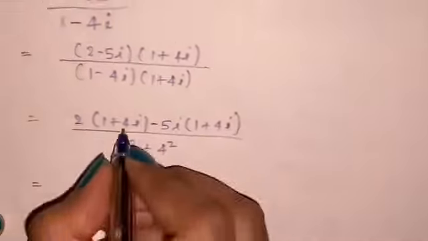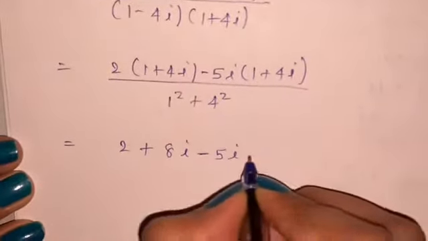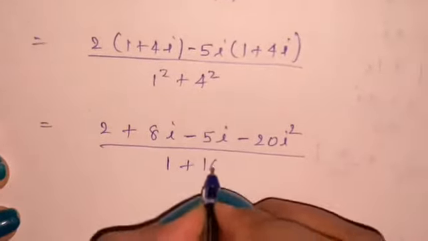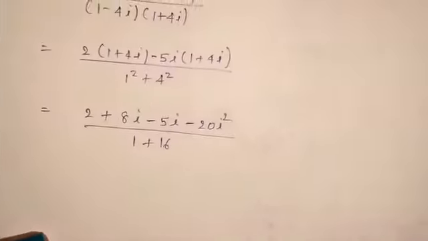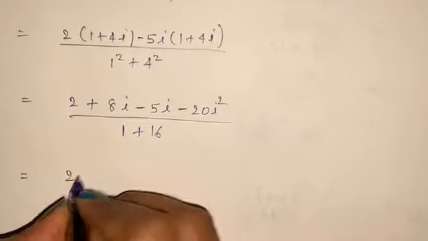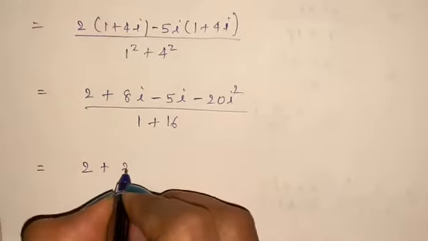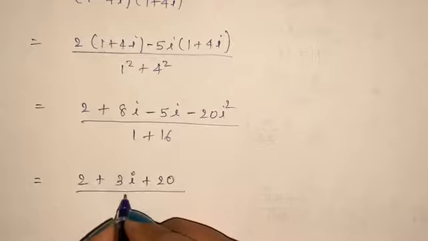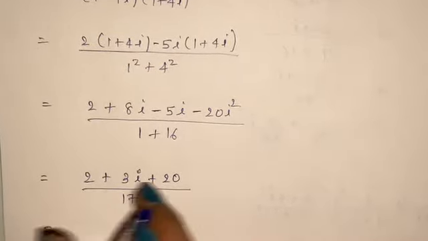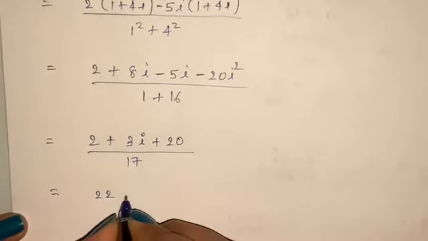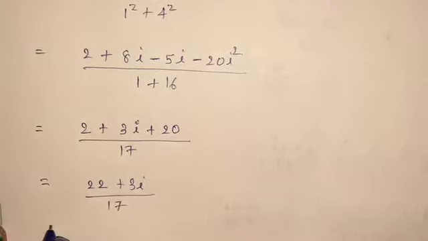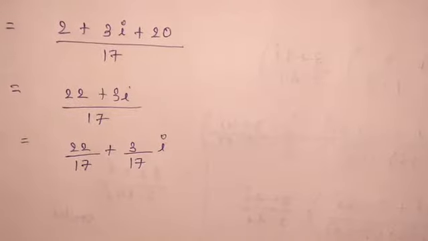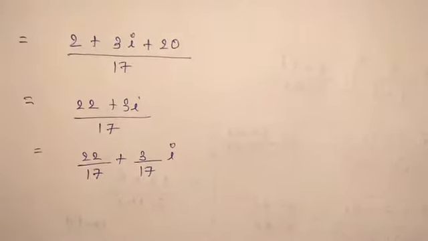That is 2 plus 8i minus 5i minus 20i squared, all divided by 1 plus 4 squared, 16 plus 1, 17. 8 minus 5 you will get plus 3i. i squared is minus 1, so plus 20 upon 17. 20 plus 2 is 22, plus 3i by 17, which is nothing but 22 by 17 plus 3 by 17 i. Clear? Now next question.